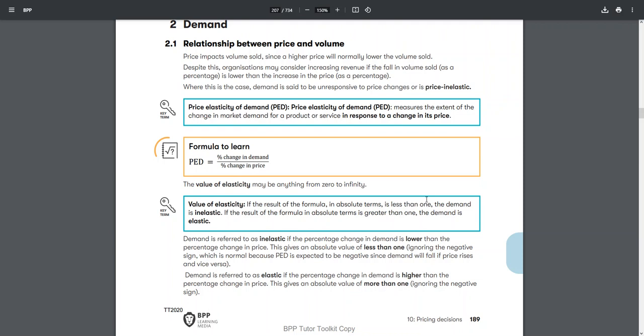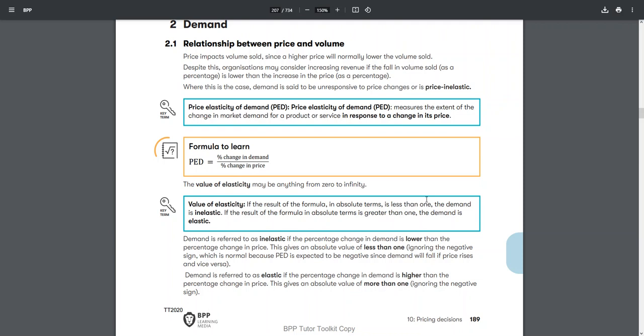That happens normally. The opposite can also happen. Sometimes you increase the price and demand increases because people think that the price is going to increase further, so they buy as much as possible. We are talking about the normal situation: when you increase price, demand is going to decrease.